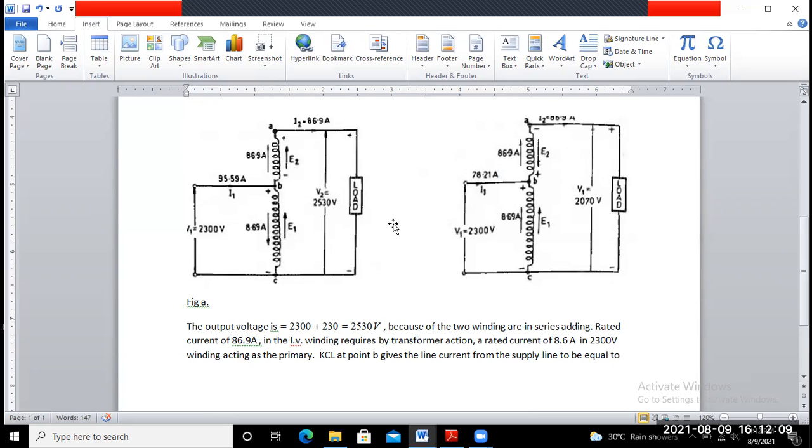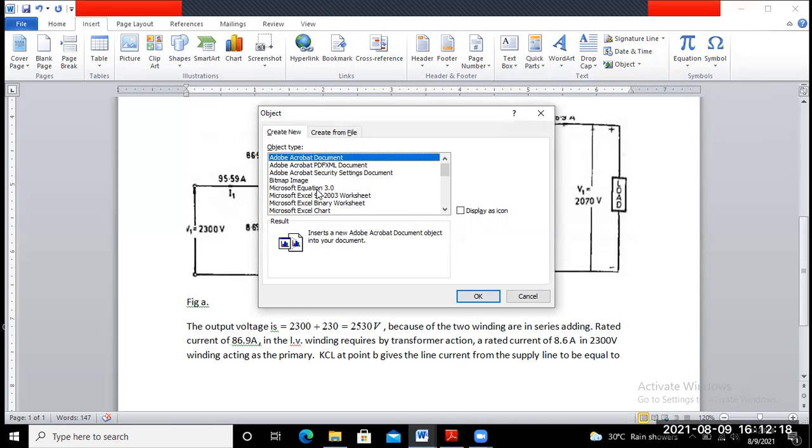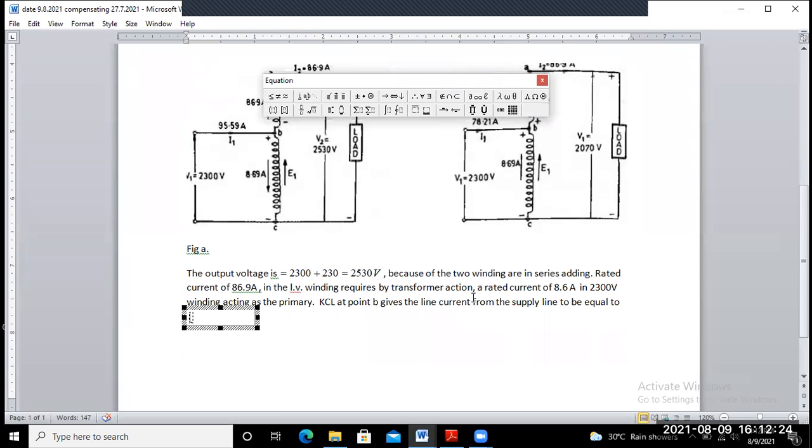That means equal to 86.9 plus 8.69 equal to 95.59, is it not? 95.59 ampere.